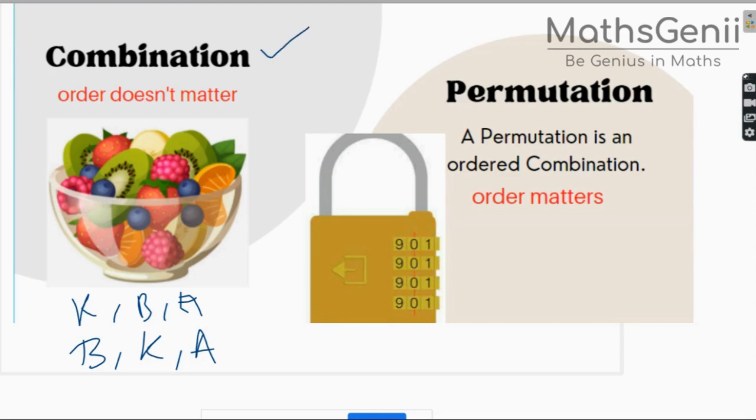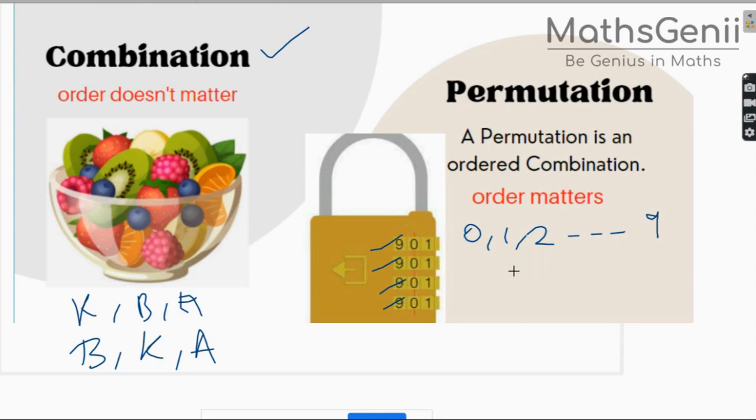Now, let's look at what permutation is. Permutation is an event where the order matters. Take the event of opening the password of a lock. I have numbers from 0, 1, 2 up to 9, and the password of the lock is 901. Even if I misplace one digit, will the lock open?